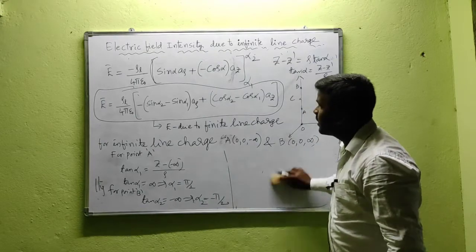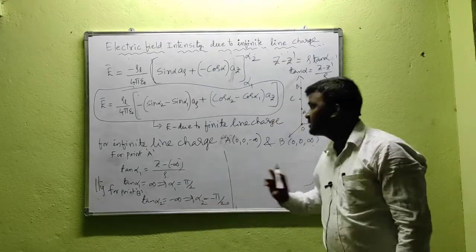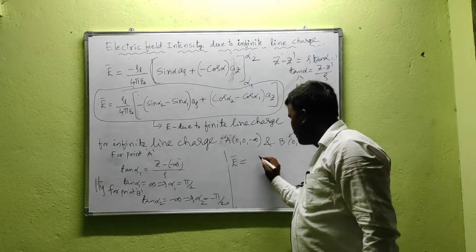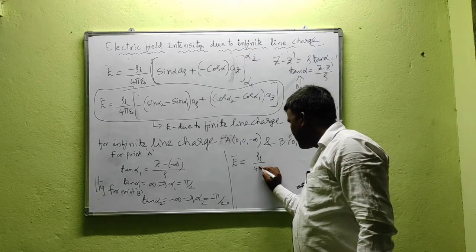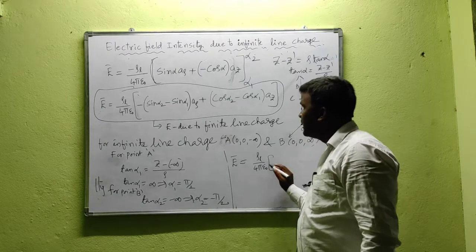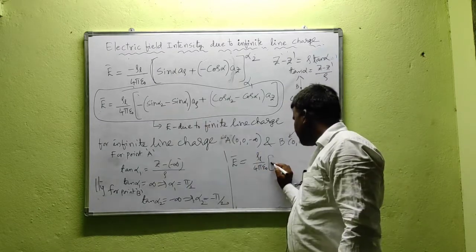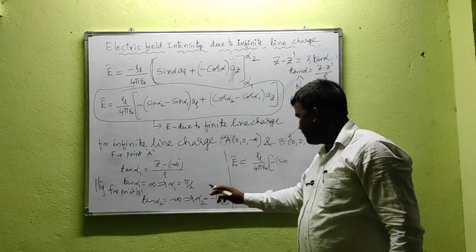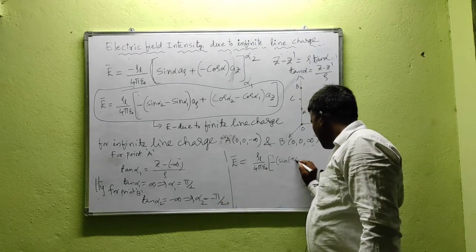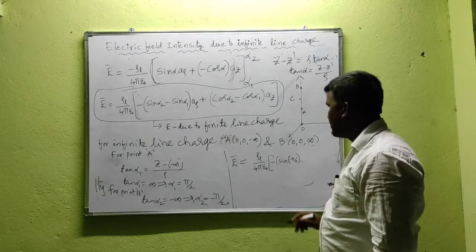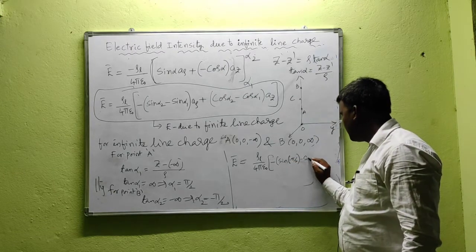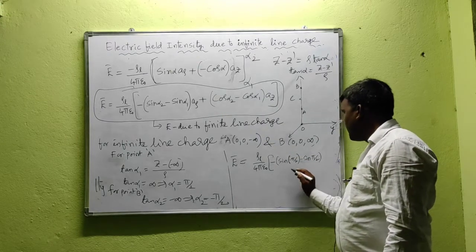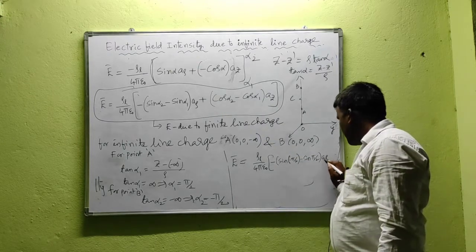Let us substitute alpha 1 as pi by 2 and alpha 2 as minus pi by 2. We will get E bar equal to rho L by 4 pi epsilon naught, minus sin alpha 2.